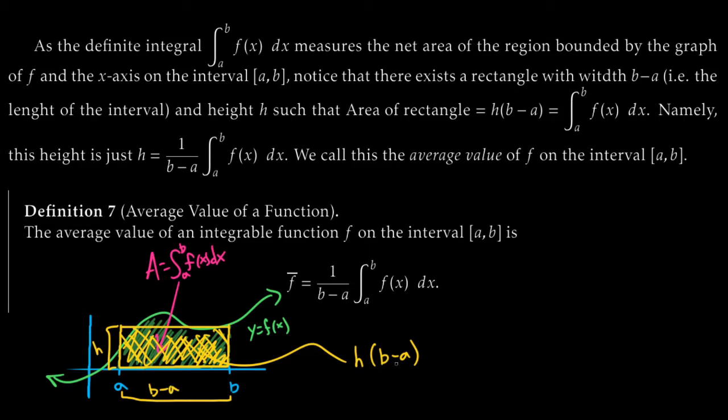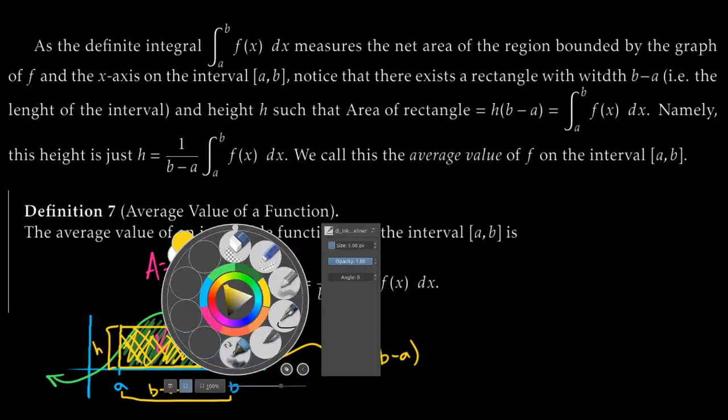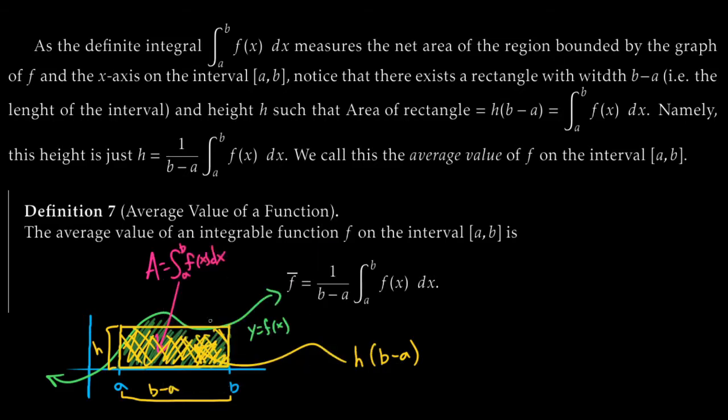So b minus a times h gives me the area of this thing here. Maybe I should use a slightly different color to point at that. There we go. Area of that guy is h times b minus a. So what I want is h times b minus a to equal A, the area under the curve.